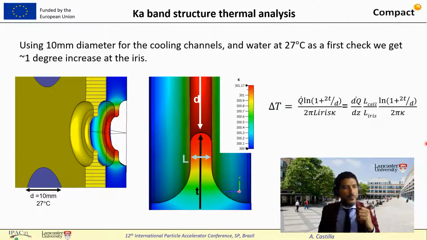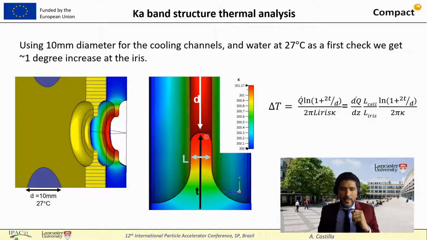We have performed some thermal simulations to look at the effect on this small structure of operating at these gradients, and we can see that at nominal, using 1 centimeter diameter cooling channels in 4 quadrants at 27 degrees, we only see an increase on the iris of about 1 degree Celsius.